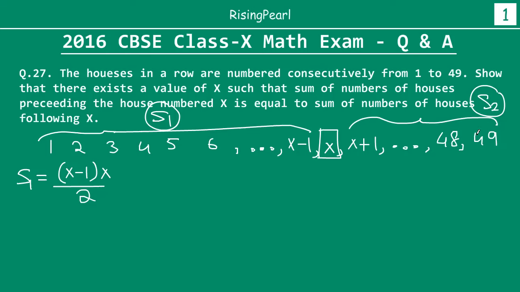What is important to understand, friends, is how we calculate this, now that we are talking about S2. How many terms are here? If you think for a moment, let us say we want to find out how many terms are between 1 through 6.